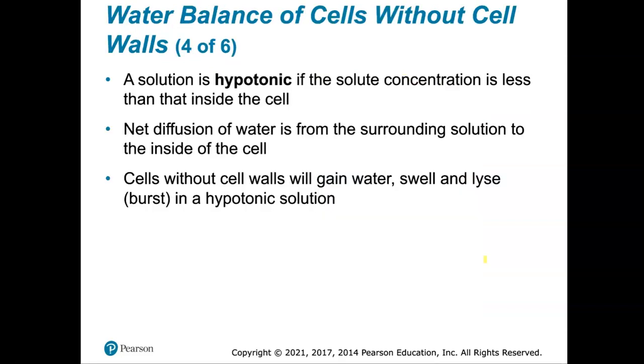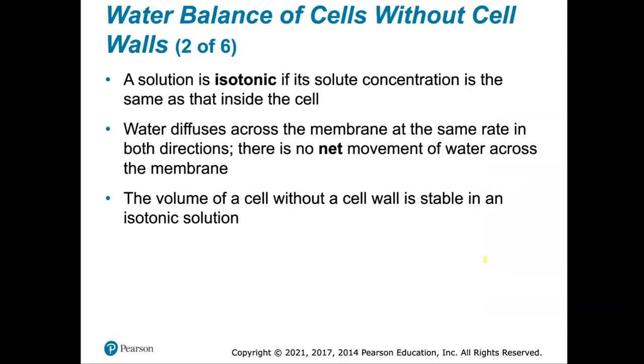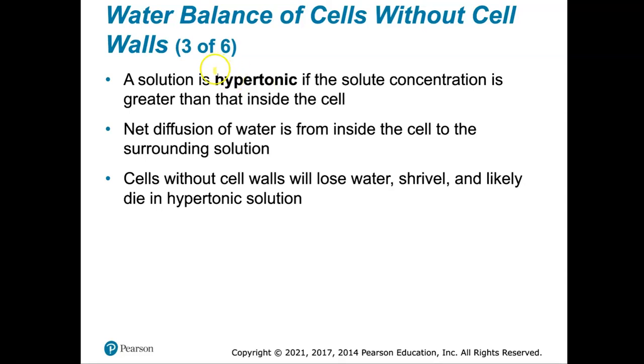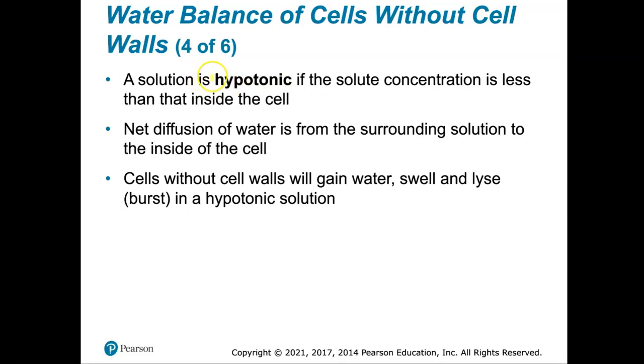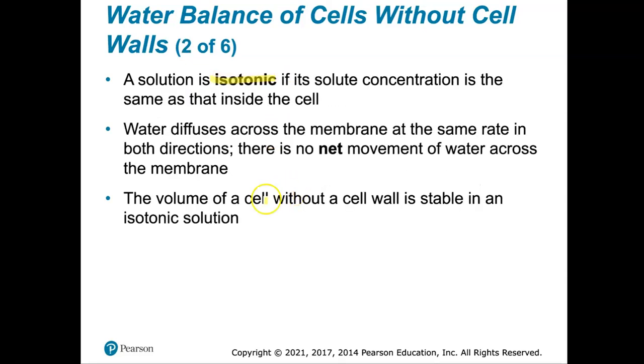All right, so in your notes, make sure you know: isotonic solution has an equal concentration of solute to inside the cell. Hypertonic has a higher solute concentration than inside the cell. And hypotonic has a lower solute concentration than inside the cell. And I'm sorry, the other part is the volume of the cell. The shape of the cell will not change in an isotonic solution.